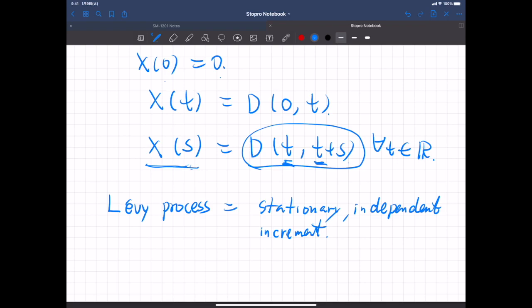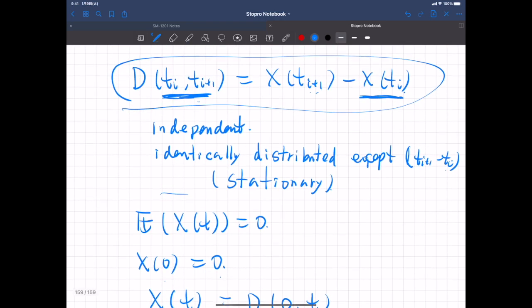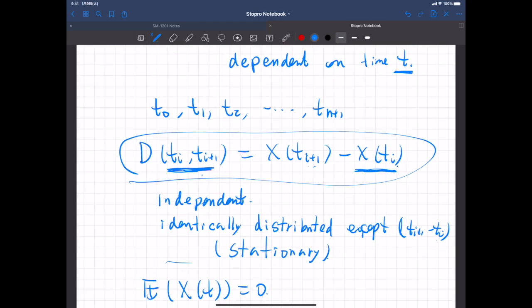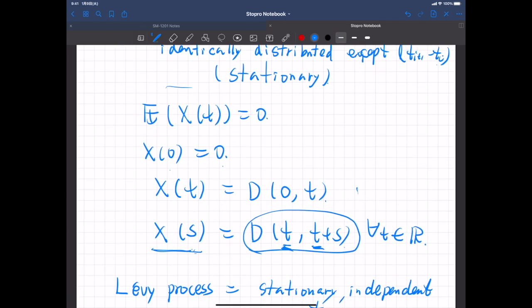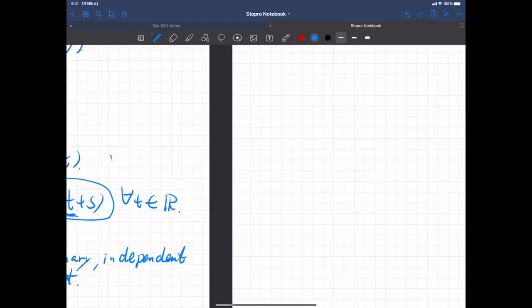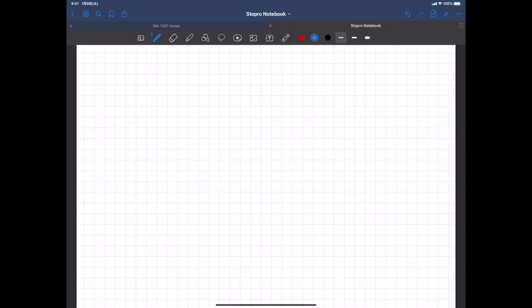It's a stochastic process which has stationary and independent increments, just like what we have just defined. So this process is a Levy process. And the Wiener process is defined next.